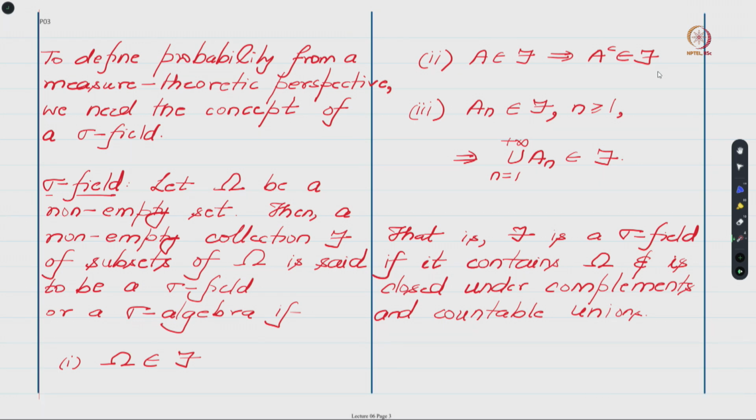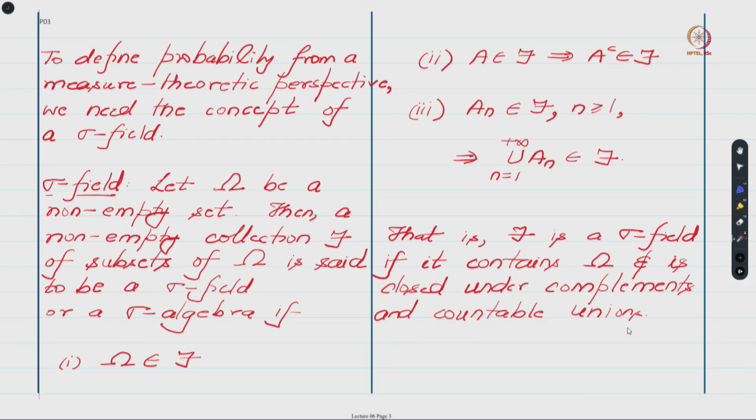The third property is that if you have a collection An of sets in F, then we require that their countable union also be in F. In other words, we will say this collection of subsets of omega is a sigma field if it contains omega and is closed under complements and countable unions.